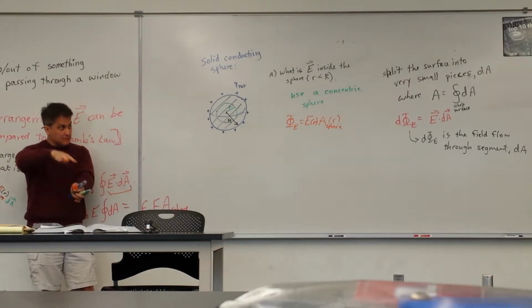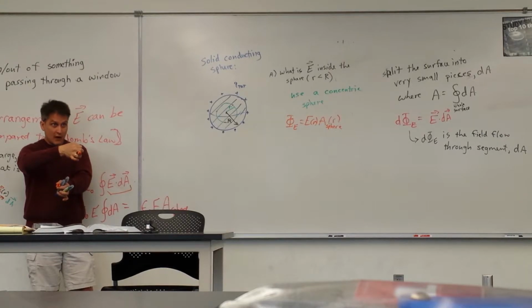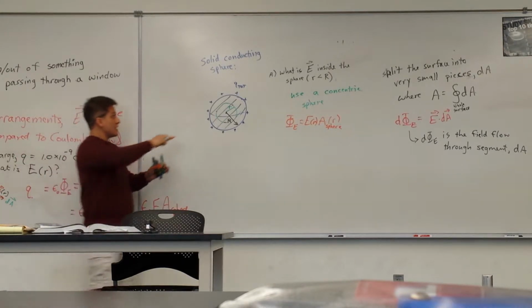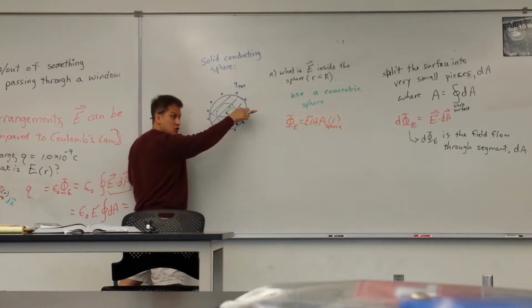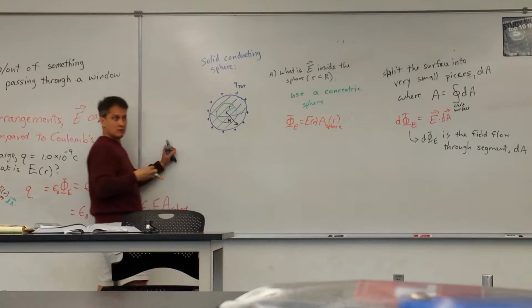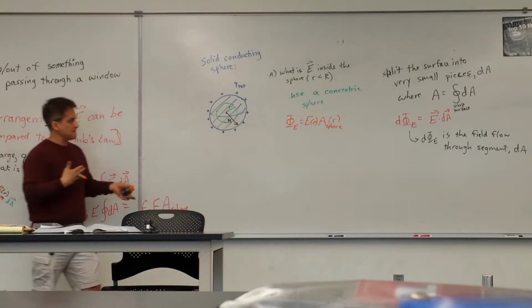And as long as I'm along this sphere, the magnitude of my electric field with respect to the surface area will also be constant. Got no reason for it not to be, because no matter where I am, I'm the same distance away from the closest charges and the farthest away charges. So I've got the symmetry there, regardless of where I am.